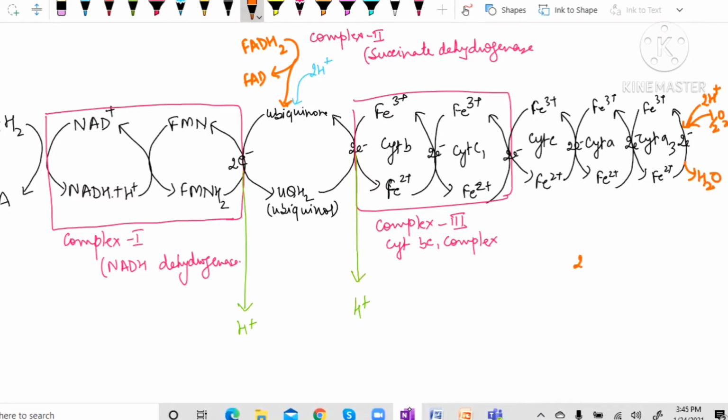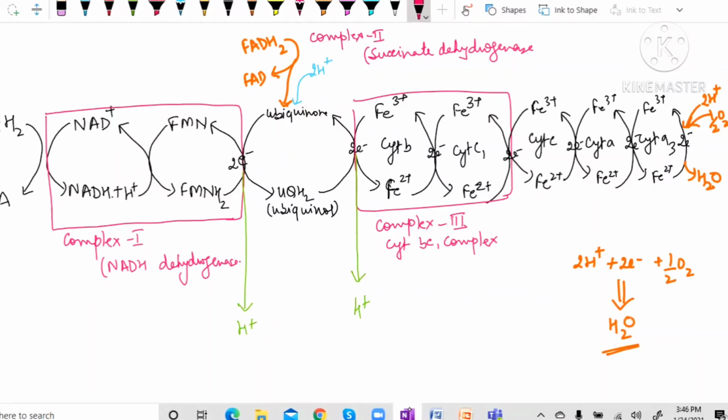When two protons plus two electrons plus half oxygen, the total formation will be H2, one hydrogen molecule, and half oxygen means one atom. So a water molecule is formed.